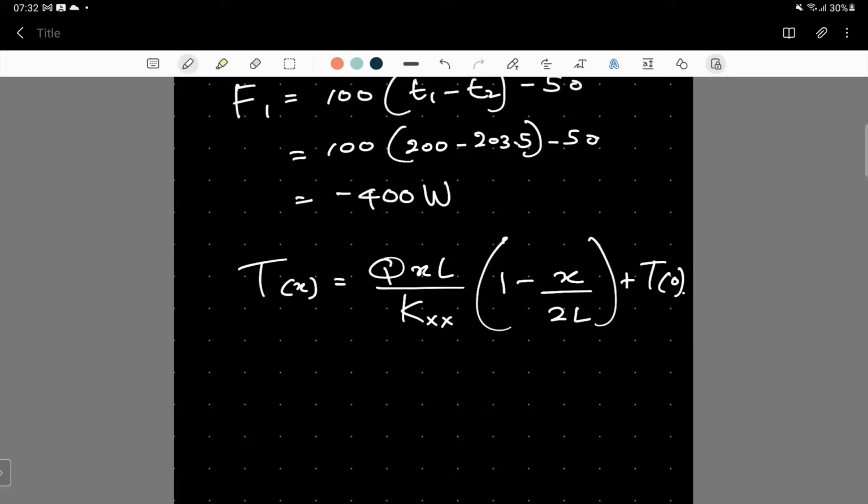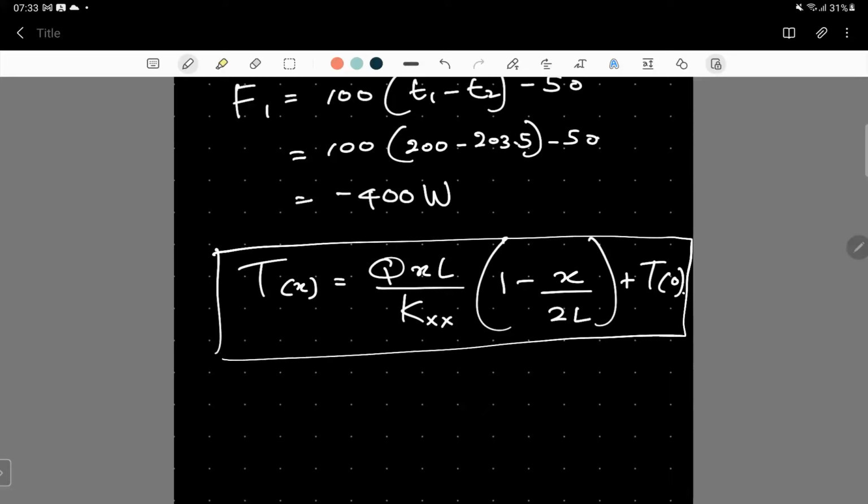Whenever you have time, you can do it and check whether you get the same results, whether you are able to follow the same closed form solution, or whether there are assumptions, especially if you can remember, when we derived this model, we assumed a linear temperature distribution for this particular case. So obviously the temperature within an element will vary linearly, whereas this analytical form gives kind of a curve.